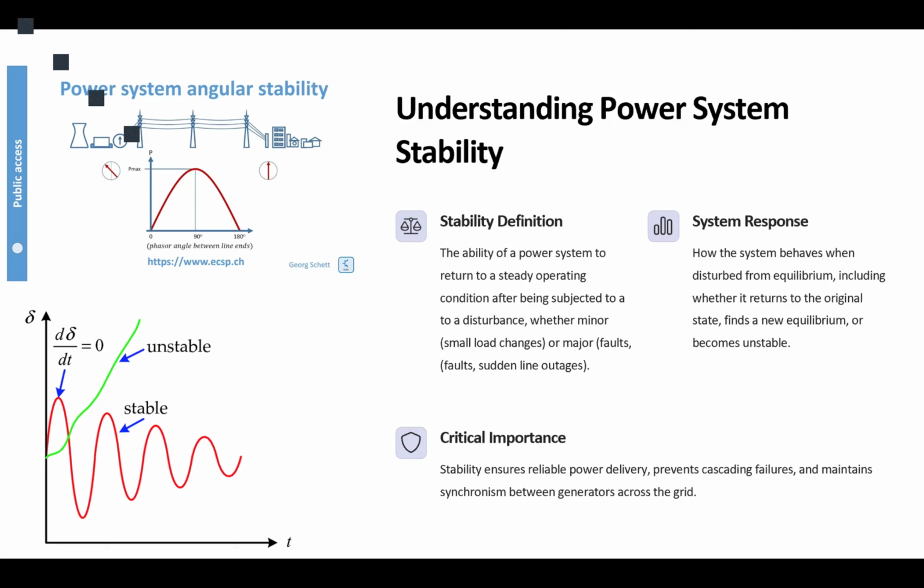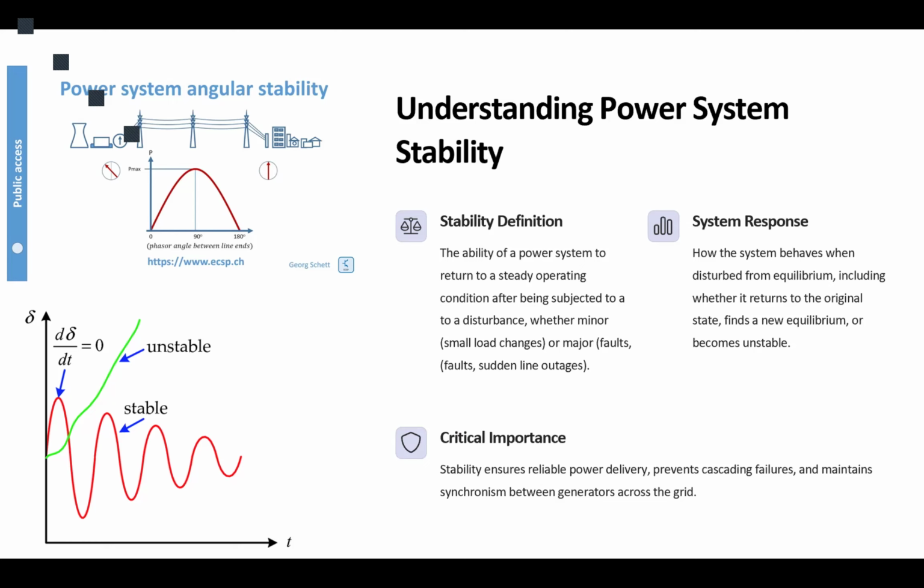I wanted to clear that so we won't confuse the two topics with each other when we move toward the transient stability analysis. Now, the response of a system, or system response, is how the system behaves when it's disturbed from the equilibrium of its dynamic.